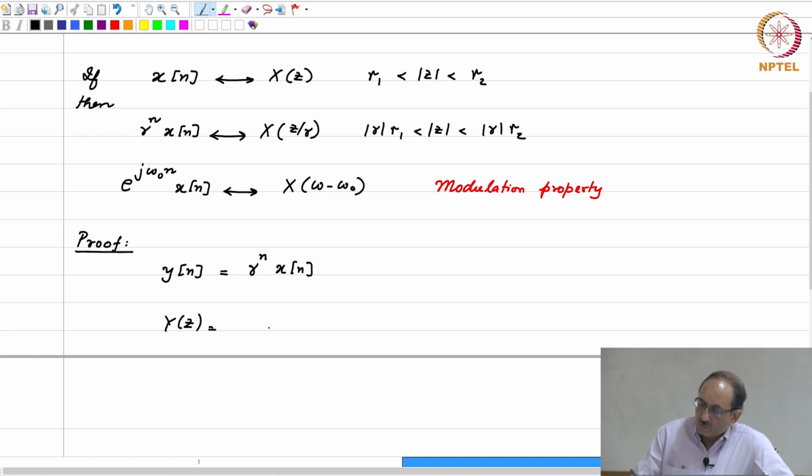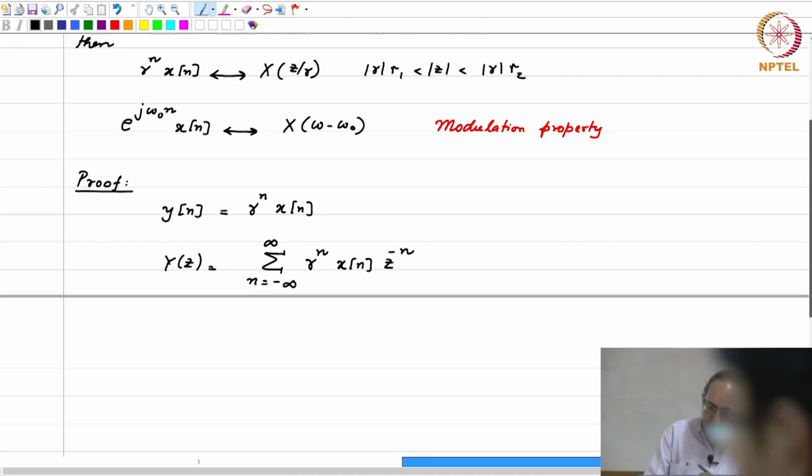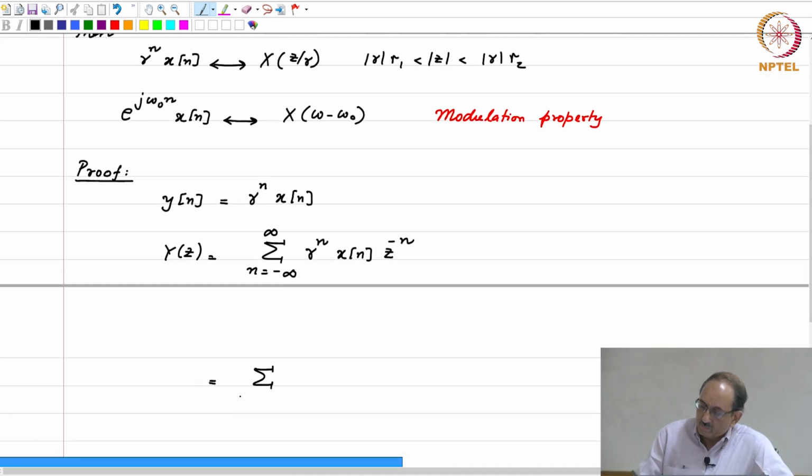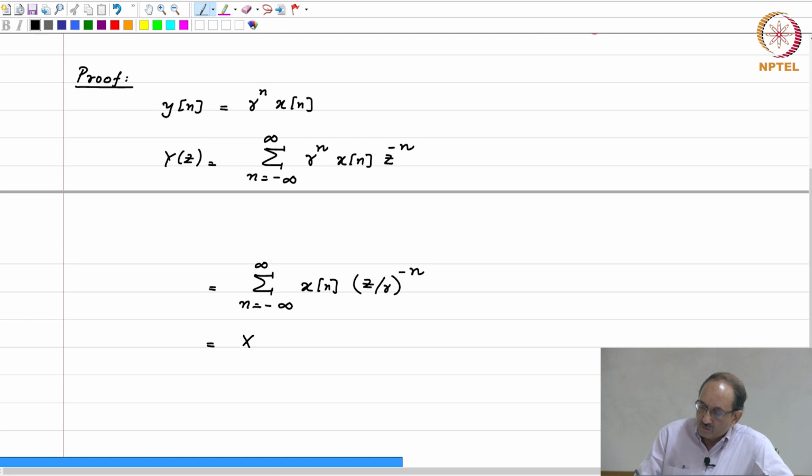Therefore, y of z is the sum over n going from minus infinity to plus infinity of gamma to the n x of n z to the minus n, and this is written as x of n times z by gamma to the minus n, and this is indeed x of z by gamma, and the ROC is really R1 less than, wherever z is there, you now have z by gamma.